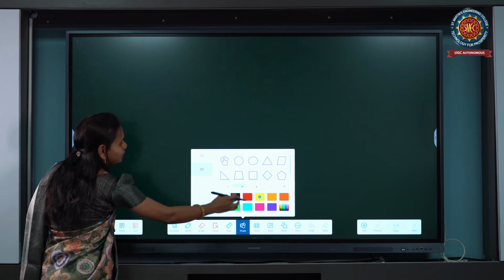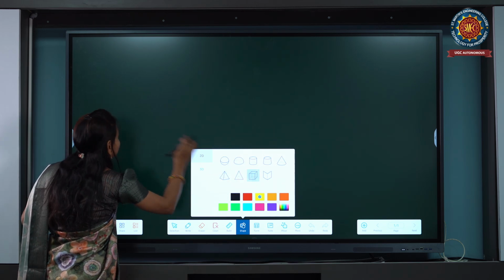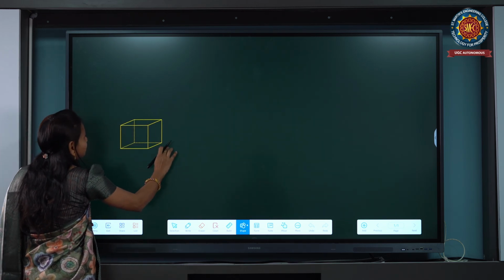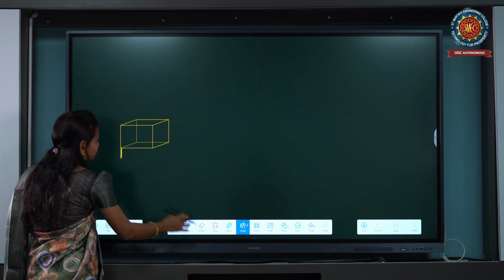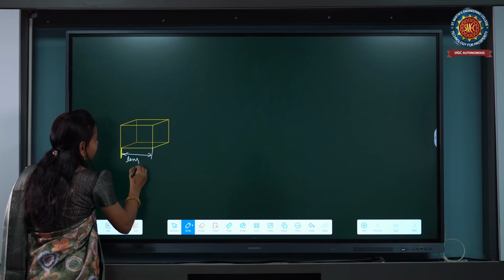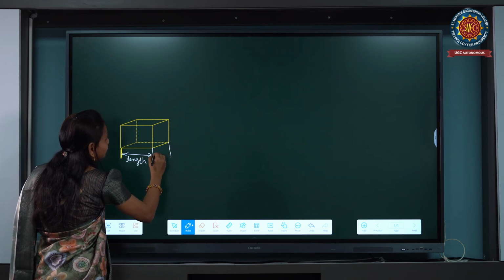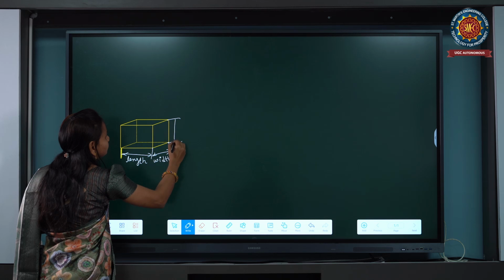I am taking one example of a 3D object. So this is the 3D object, right? In this 3D object, this is the length, and this is the width, and this is the height.